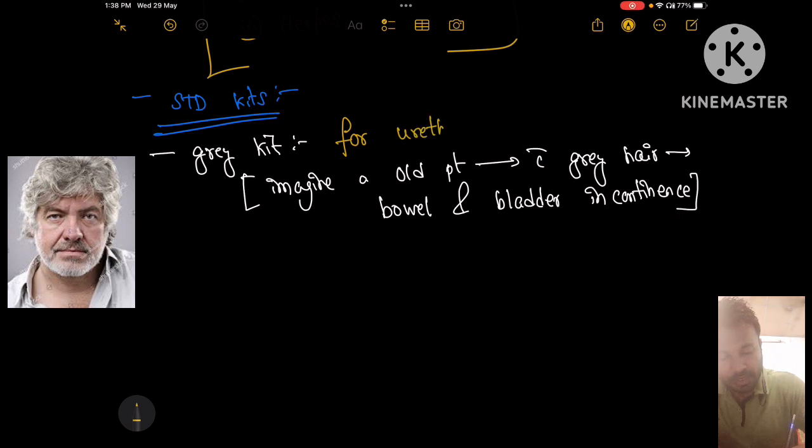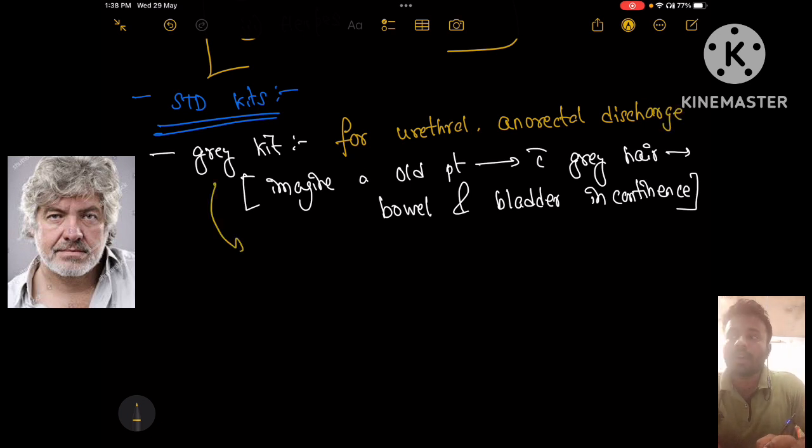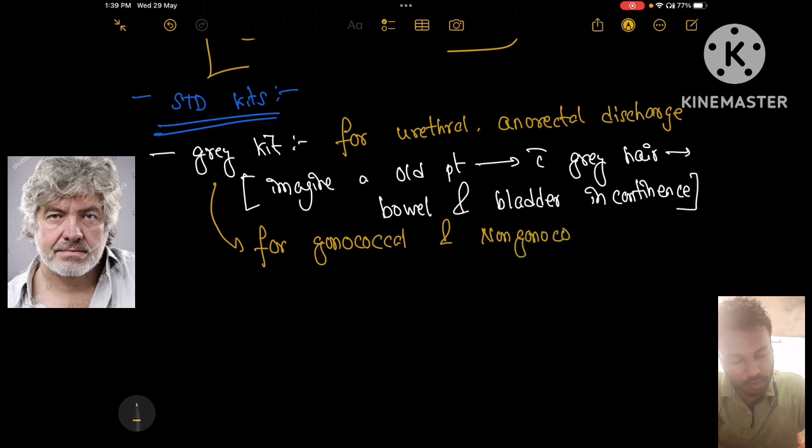So the grey kit is used for gonococcal and non-gonococcal urethritis.